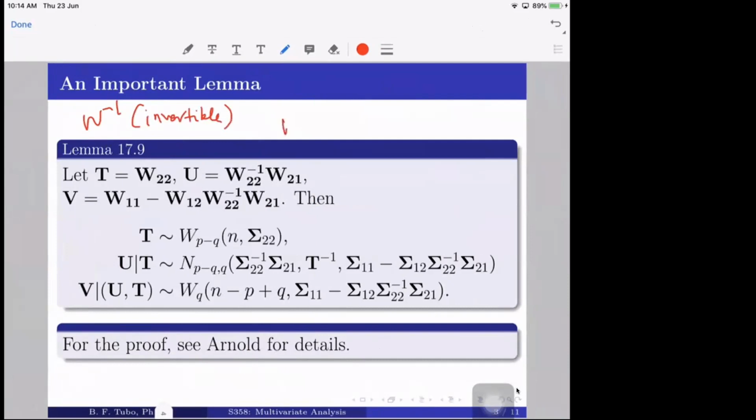And then W inverse will have the components V11, V12, V21, and V22. Then the V11 component of the inverse can be written as W11, what I wrote earlier, minus W12, W22 inverse times W21. You can write the inverse in terms of these components.